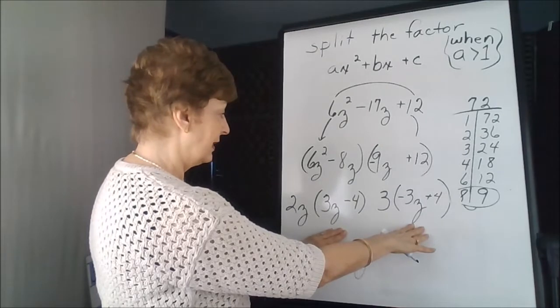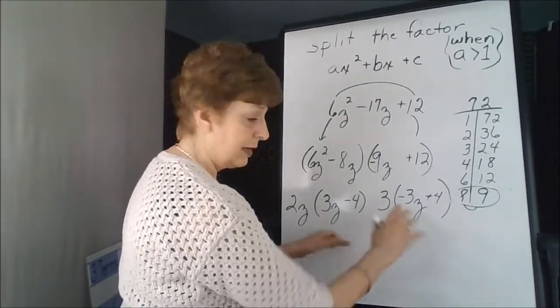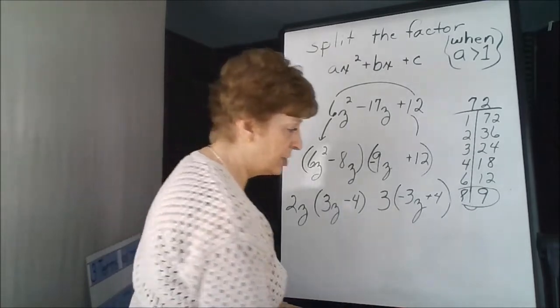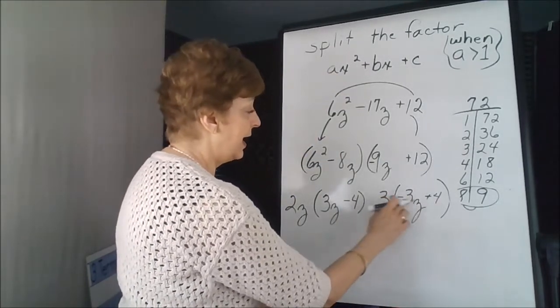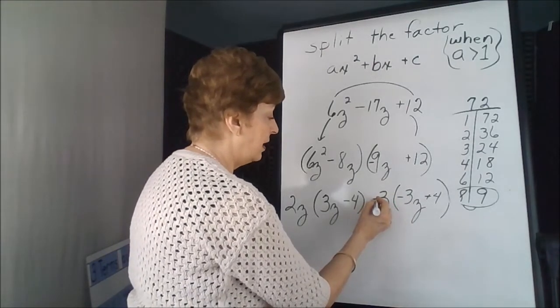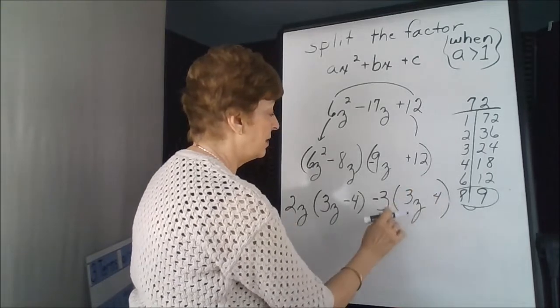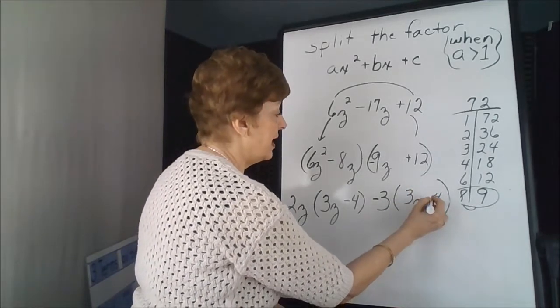Well, the numbers are right, but the signs are wrong. We are going to need to back up and make an adjustment. If it's just simply a sign, we could probably take out a negative 3, which of course changes these signs. This one becomes positive and that one becomes negative.